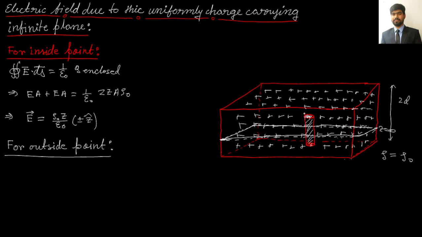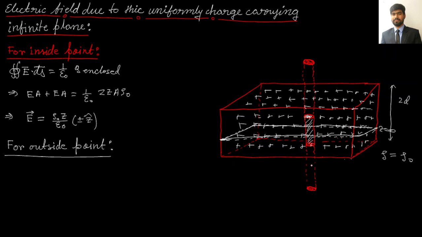So let's increase the length of this Gaussian surface in this way. So now consider a top surface outside this layer, and also at the same distance below the bottom side of this thick layer, consider another circular surface, and from there we draw a Gaussian surface like this.